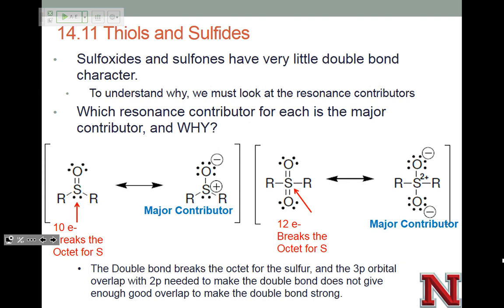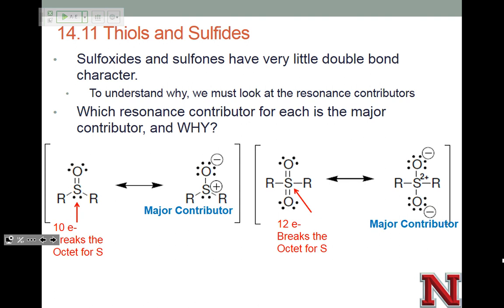So we don't have as good of a pi bond overlap, so that also contributes to the fact that we don't have as much double bond character in that S-O bond. Because remember, the better the overlap, the better the bond. And sulfur is twice as big. So that's also an issue. We have a 3p orbital versus a 2p orbital. We don't have that because the difference in size between carbon and oxygen is not very much. And the difference in size between carbon and carbon is 0. So here we don't have as good of an overlap.